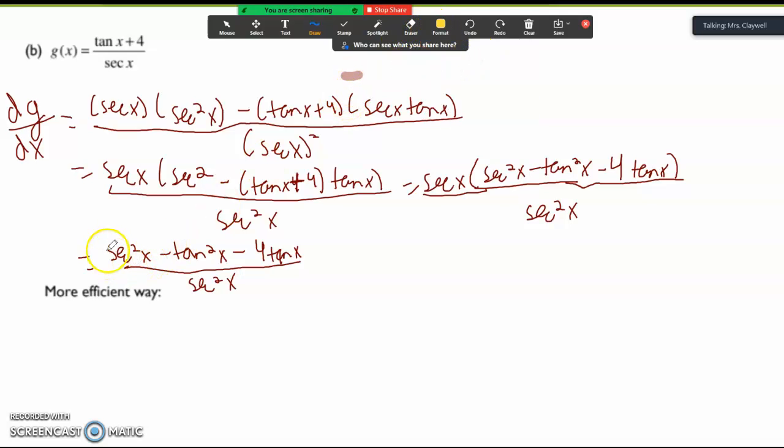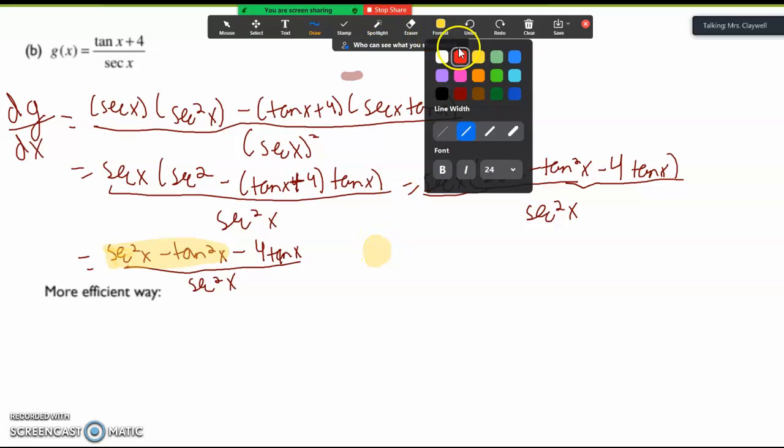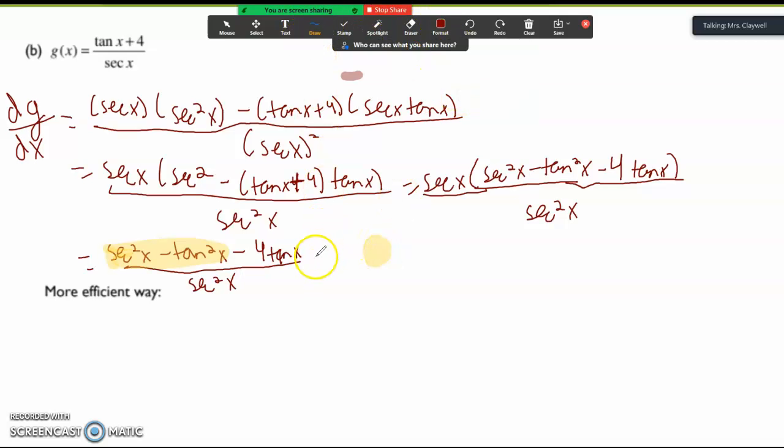I'm going to try to highlight this here, and you guys can see that I can apply a trig identity there, and that can become just a 1.